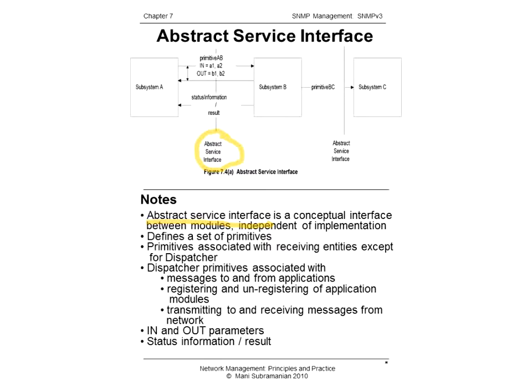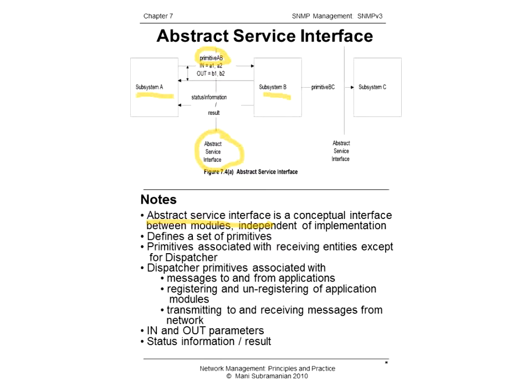Now these abstract services are defined by a set of primitives that define the services. In this figure, we can see we have a subsystem A, which is sending a request for service using the primitive AB to subsystem B. The primitive AB is associated with the receiving subsystem B, which is the one providing the service in this figure.